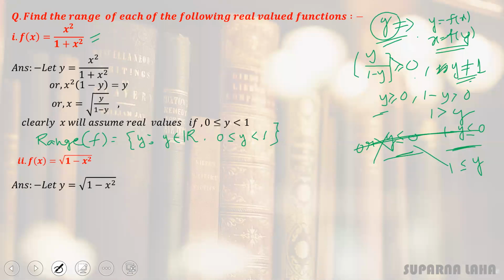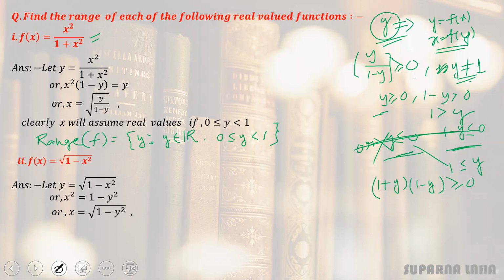Next one is root over 1 minus x square. You need to find its range. First of all, write down this function in the form of x equals to f of y. So now what is x? x is root over 1 minus y square. Now look at it. 1 minus y square means 1 plus y into 1 minus y. Since root is there, that means it is greater than or equal to 0.